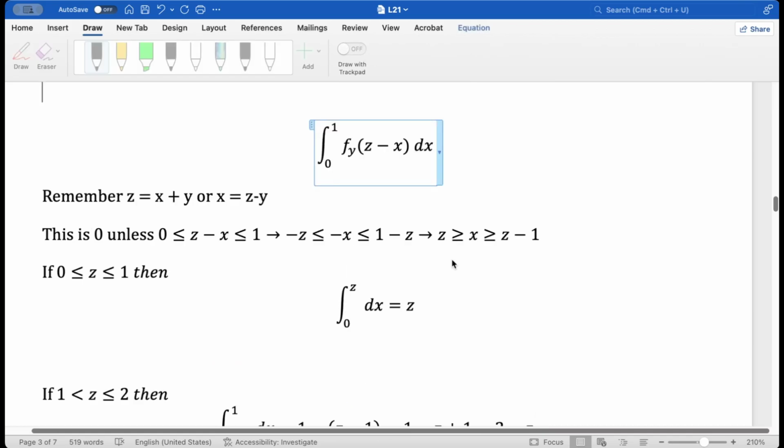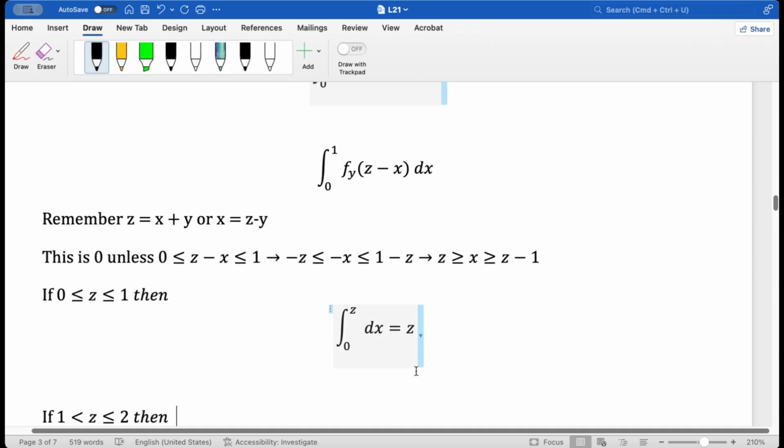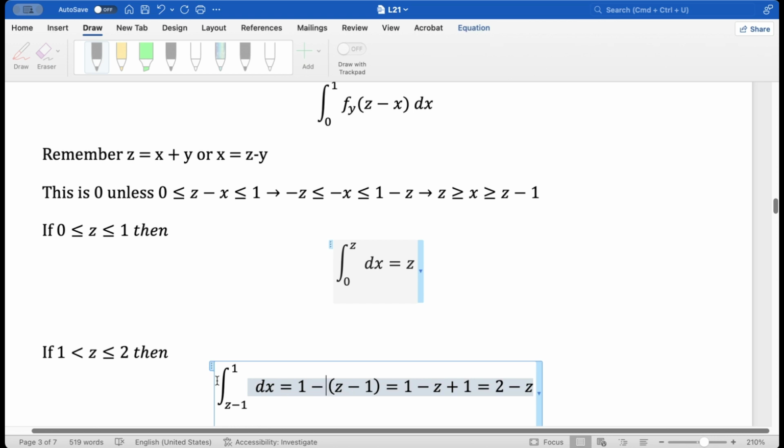All right, so coming back to the integration here, when you integrate 1 dx, you just get x, so you just get the difference of limits, which is upper minus lower, z minus 0. If you're integrating from z minus 1 to 1, you're going to get 1 minus z minus 1, which is 1 minus z plus 1, which is 2 minus z.